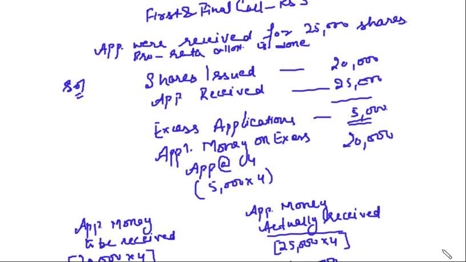Right? One thing to remember: first, we are not rejecting applications. Second, we are allotting shares to all the people who have applied on a partial or pro rata basis. Third, excess application money received on excess applications will either be refunded or adjusted towards further calls, that is allotment, first call, final call, which will again depend upon the question. If it says it is to be adjusted only towards allotment, then the balance money will be refunded. In most cases, it will be given that it has to be adjusted against allotment only. Then excess money will be refunded.